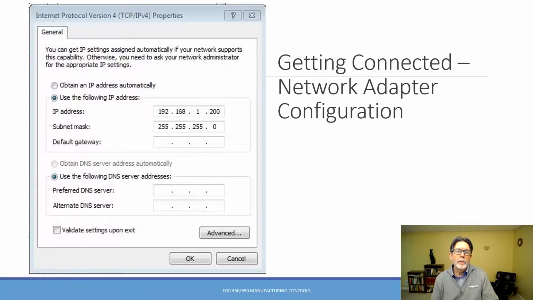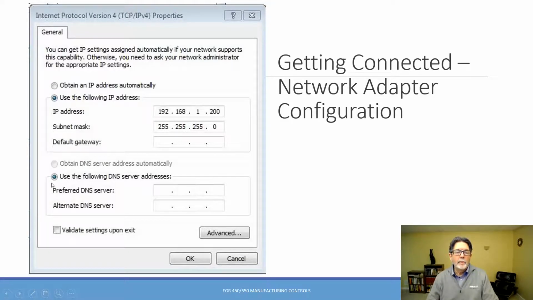Here we're showing that we want to use a static IP address, so the radio button here is clicked, and we are setting the static IP address that we want for this PC at 192.168.1.200, and our subnet mask is the typical default 255.255.255.0, which will allow everything in this last octet then to connect. If these three initial octets match, we'll be able to connect up to 255 devices in with this last octet.